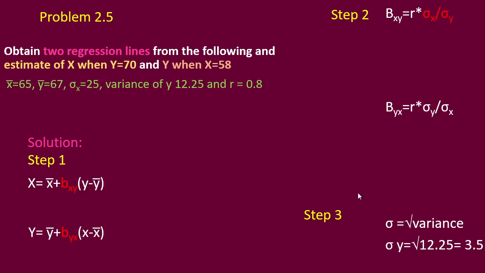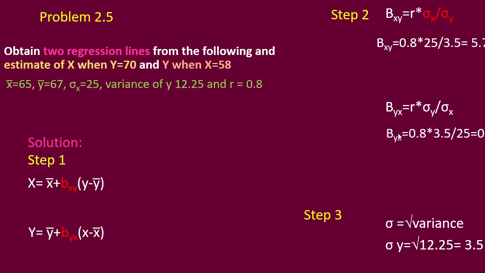So let us apply these standard deviation values to the regression coefficient formula. Now 0.8, the r value given in the problem, standard deviation of x is 25, given in the problem, and standard deviation of y we have calculated here as 3.5. So the value of bxy is 5.714.